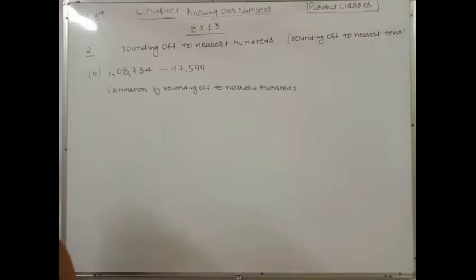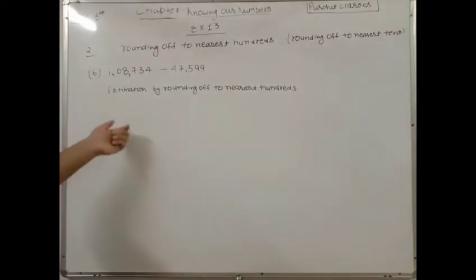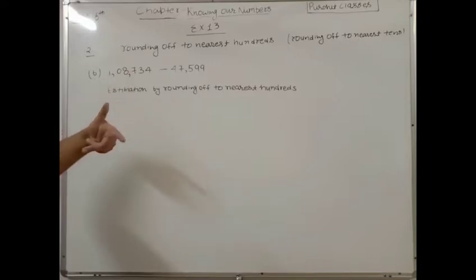Let's see the B part, that is 1,08,734 subtracted by 47,599. Again in the B part we will have to divide it into two categories. First we will estimate by rounding off to nearest 100, and in the second part we will estimate by rounding off to nearest tens.